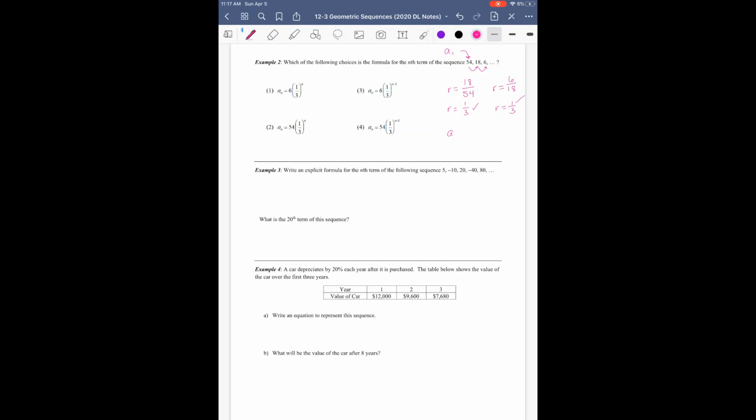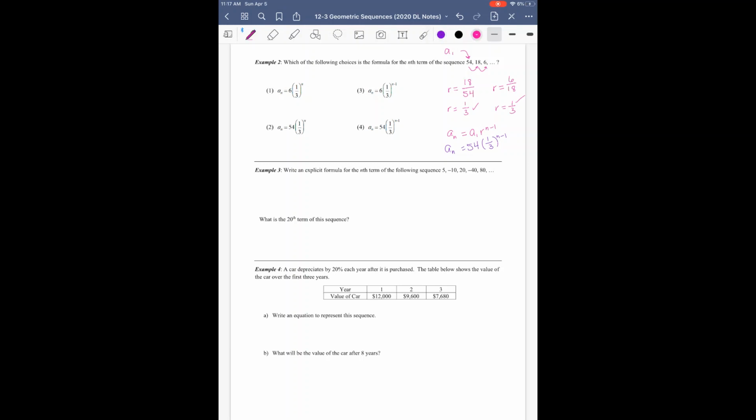So I'm going to write down the explicit formula: a sub n equals a sub 1 r to the n minus 1. I'm going to substitute in what I know and then compare it to the answers at the end. So a sub n is equal to the first term of 54 times my common ratio of 1/3 to the n minus 1. So let's see if that's a choice.